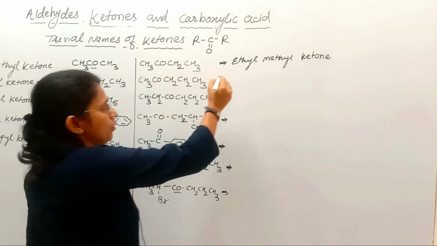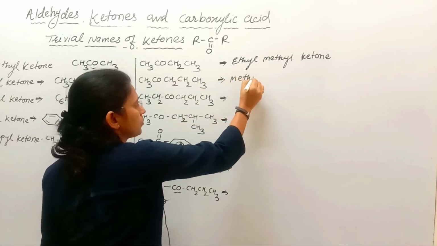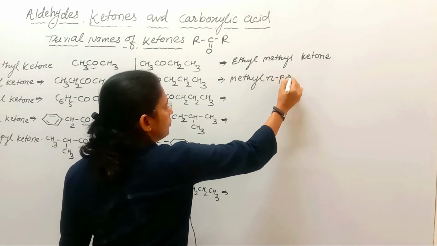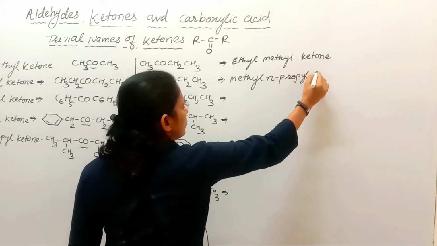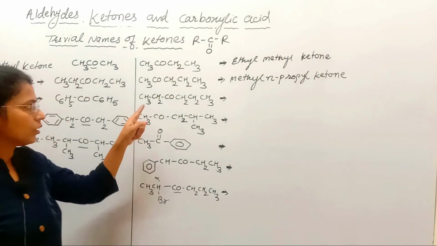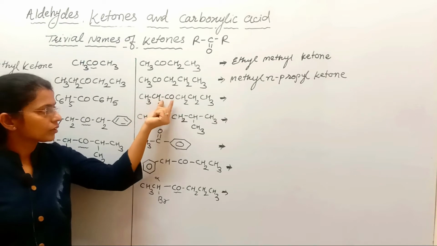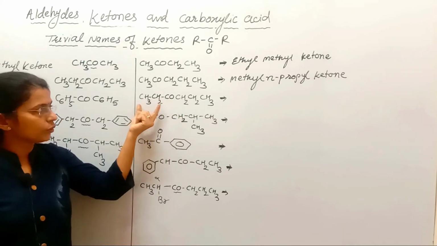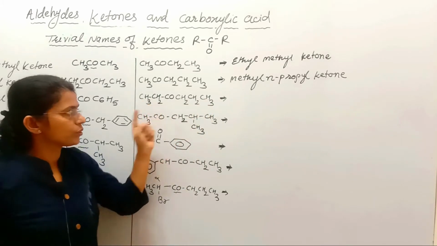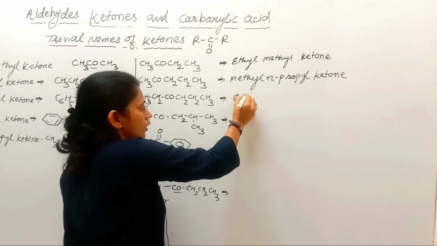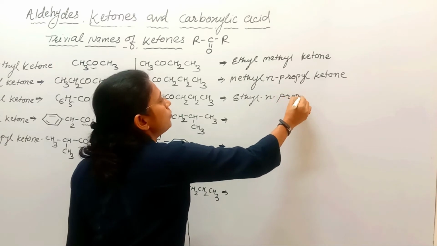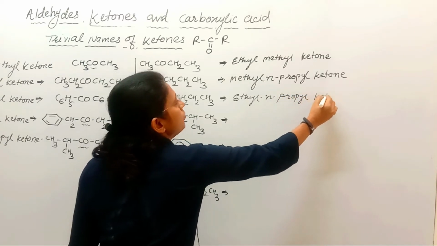So the name is methyl N-propyl ketone. Okay. See here, this is the ketone, on this side an ethyl group, and this is N-propyl. Alphabetically, E comes first, so the name is ethyl N-propyl ketone.